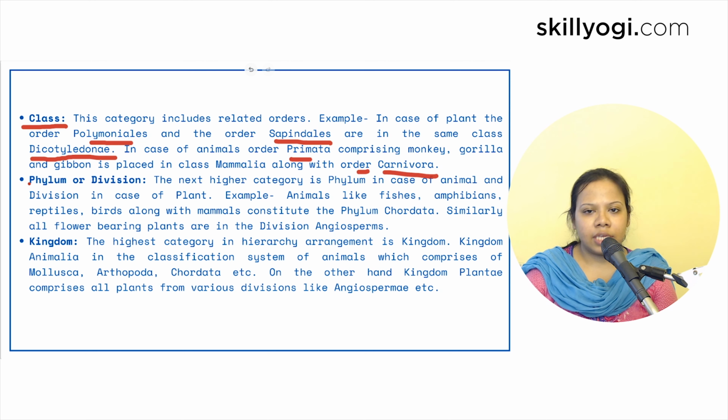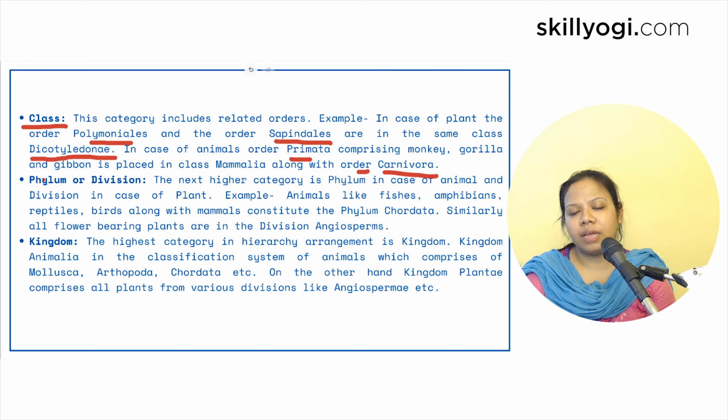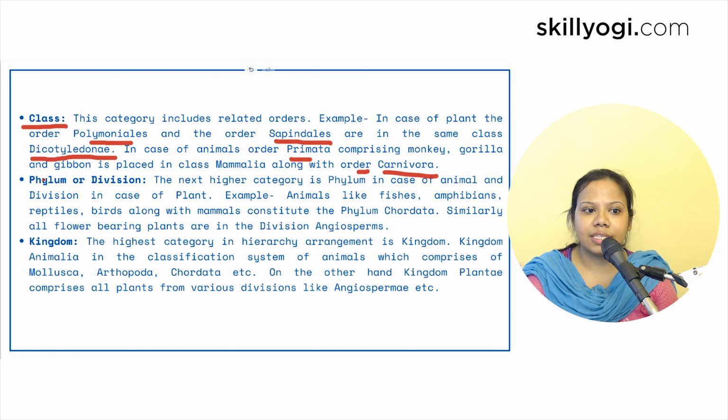The next taxon is the phylum in case of animals, and division in case of plants. The phylum or division comprises different types of classes.